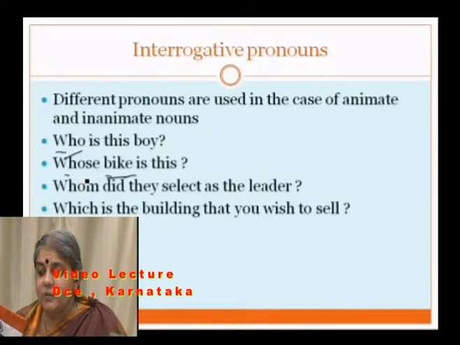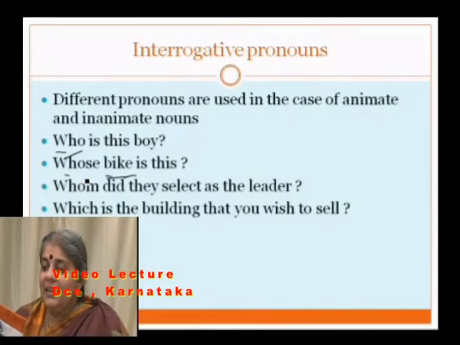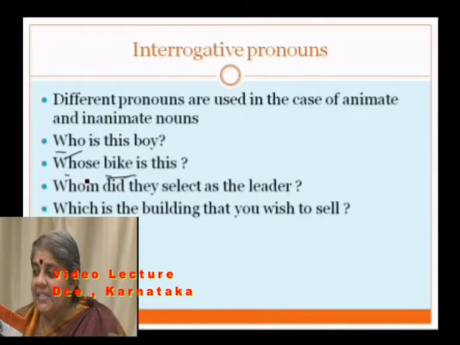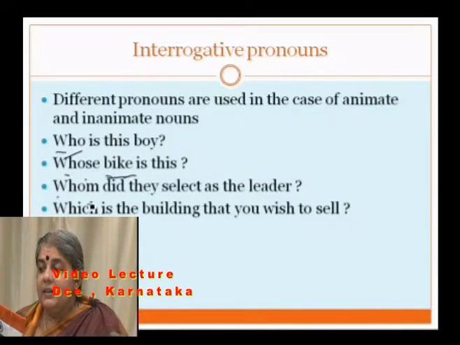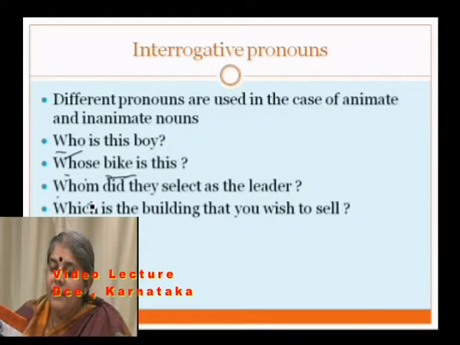Look at the way it is used. Once again, in the case of an animate noun, whom did they select as a leader? The word whom is used as an interrogative pronoun. Which is a building that you wish to sell? Here, which is what?